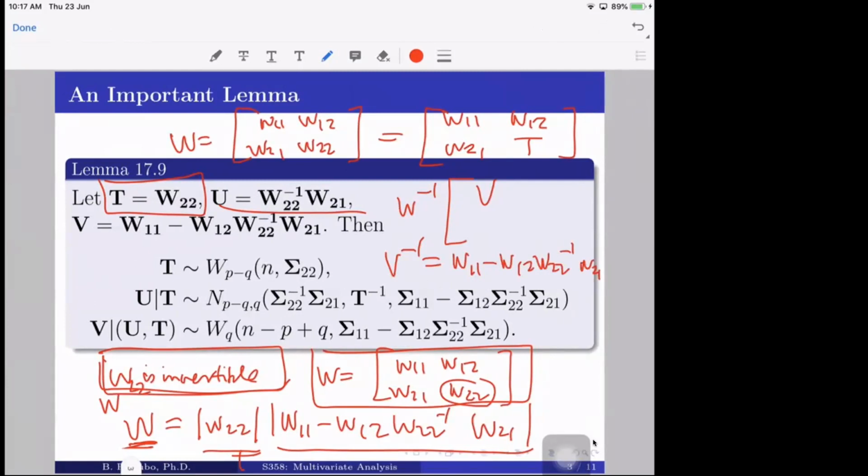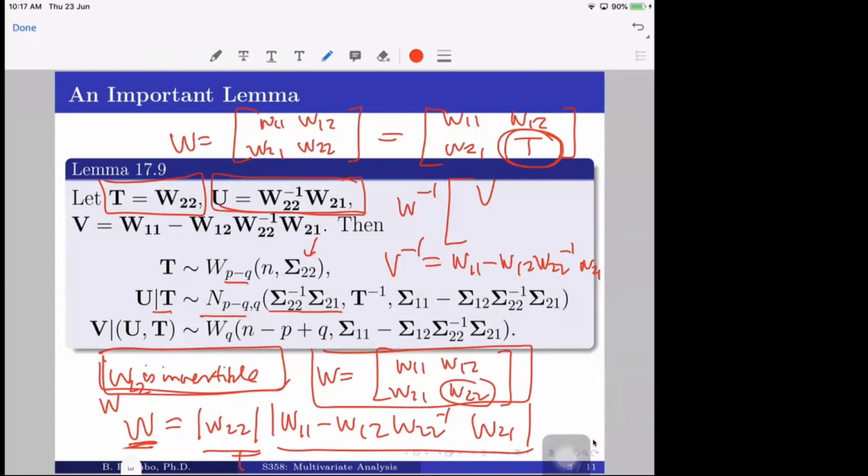Okay. So if we look at the distribution of T, the conclusion: the distribution of T will be Wishart, P minus Q. That is the dimension, with N and sigma 22. Then the conditional distribution of U given T will be normal with these parameters.